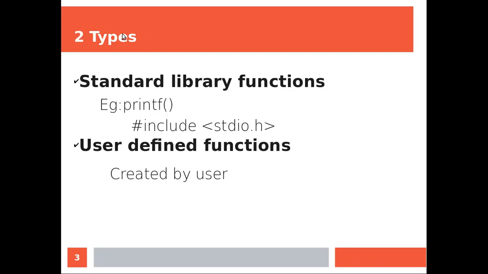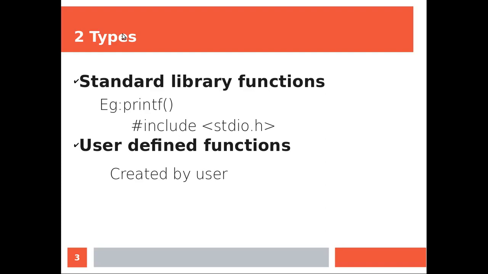Next we are going to discuss the two types of functions in C: standard library functions and user defined functions. Standard library functions are defined in header files. Examples are printf, scanf, sqrt, etc. printf is used to send formatted output to the screen.